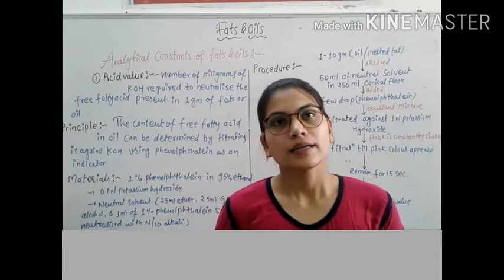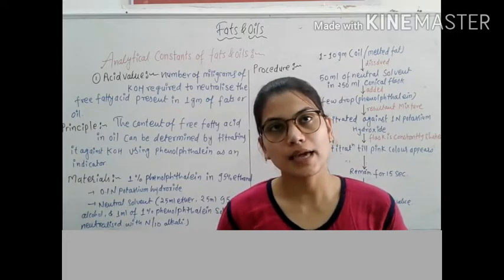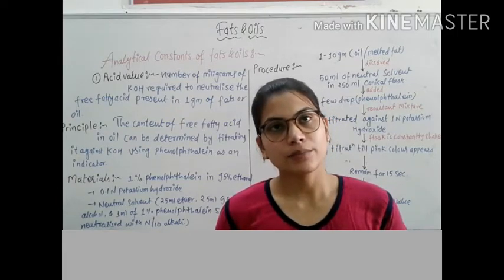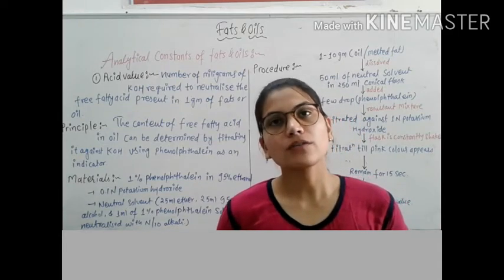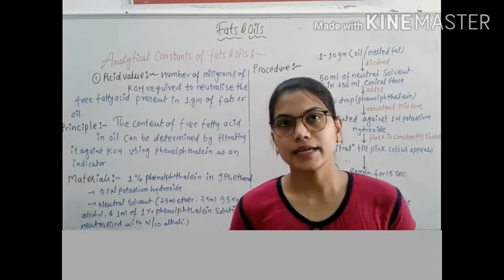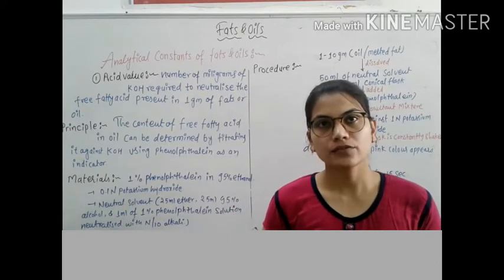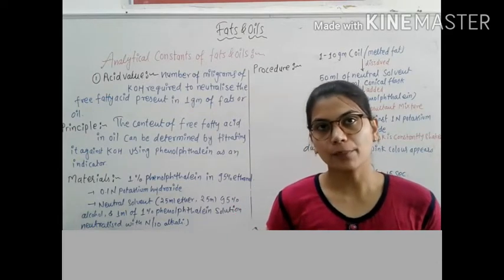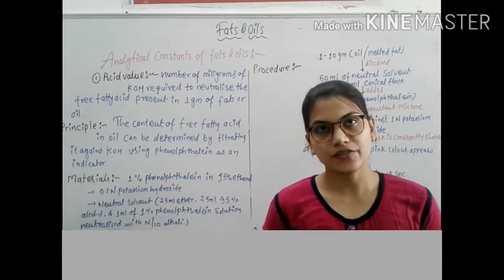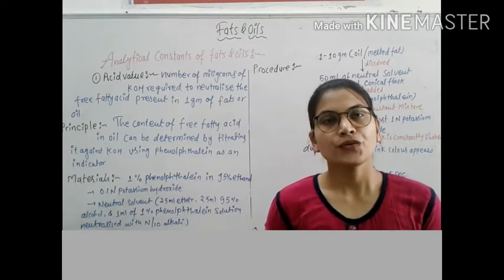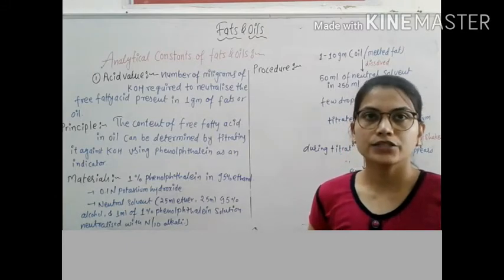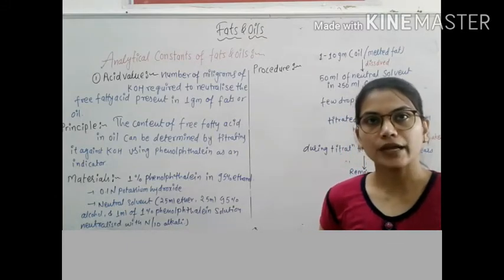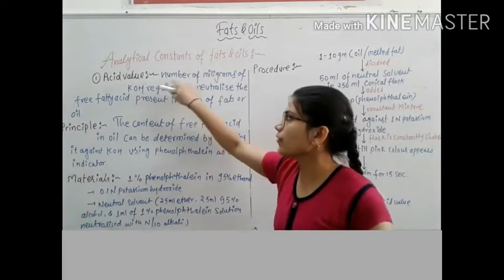These chemical determinations are called chemical constants and involve the following analytical tests. First is the acid value, second saponification value, third ester value, fourth iodine value, fifth acetyl value, and last the Reichert-Meissl value. Now let us discuss the first one, acid value.